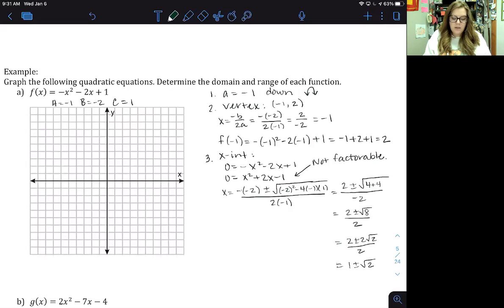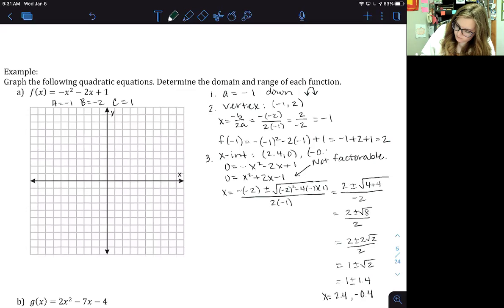So if we find the square root of 2, I'm going to round to 1 decimal place. We get 1 plus or minus 1.4. Okay, so that tells us x equals 2.4. And then if we do 1 minus 1.4, we get -0.4. Okay, so our x-intercepts are 2.4, 0 and -0.4, 0.